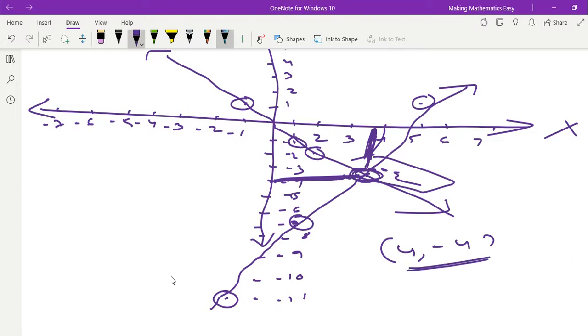That way you will come to know the answer. So x you need to mention over here, y coordinate you need to mention over here. So this is your value of x and y for that specific equation. That's it.